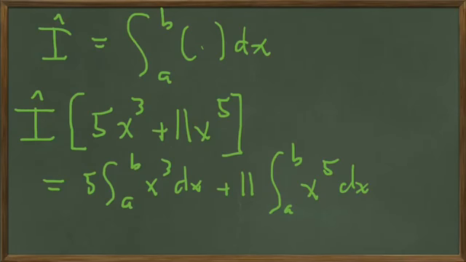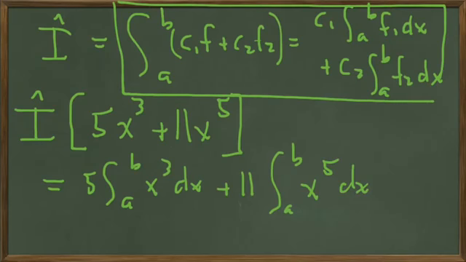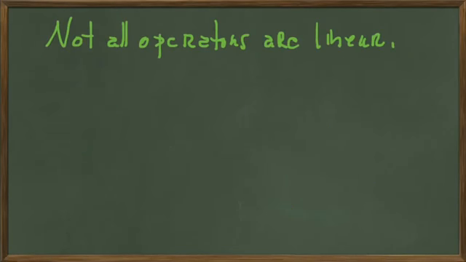So the integral operator is linear also. Or if we put it in formal language, the integral operator follows these guidelines that we showed here in this example, why that's the case.